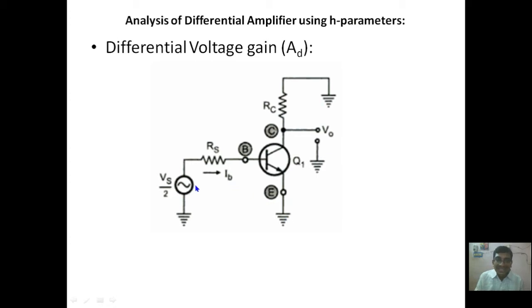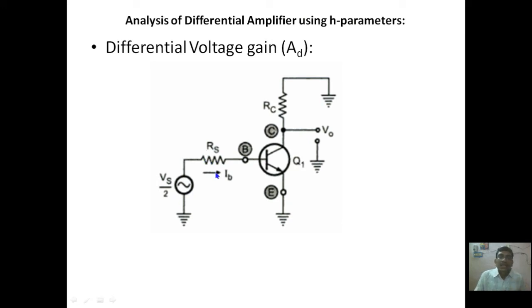The AC signal source Vs is present. Actually, Vs is the input signal voltage, but we are considering only one half of the differential amplifier section. That's why the Vs will become Vs by 2. Only half of the input voltage we are assuming.